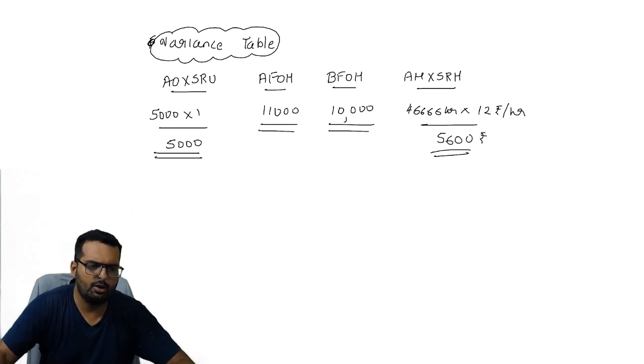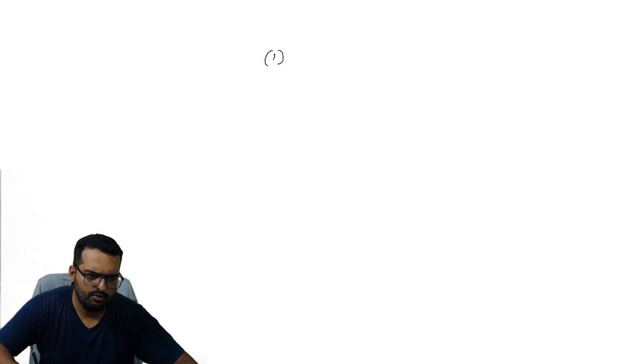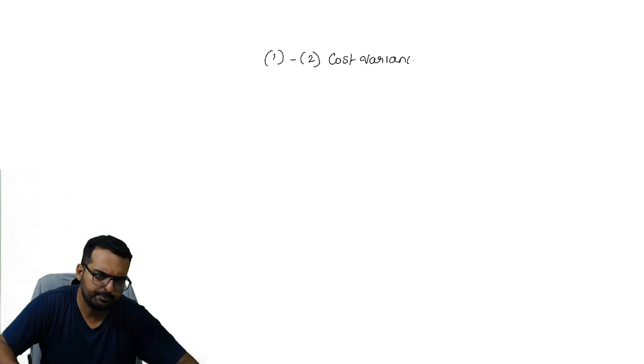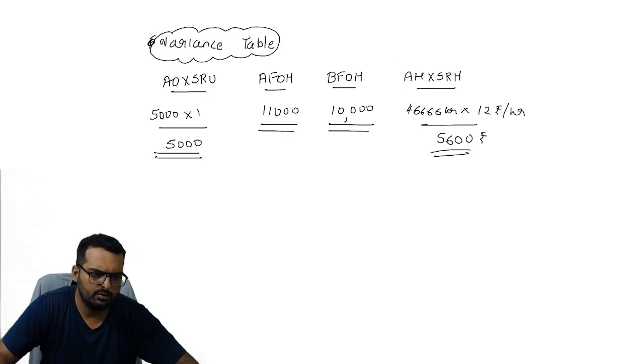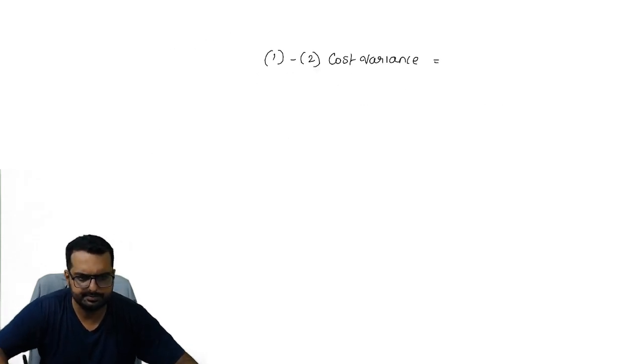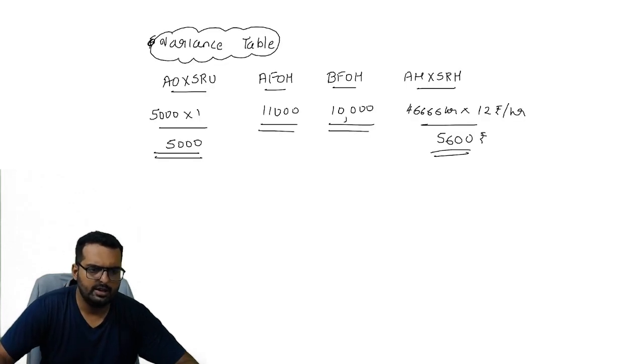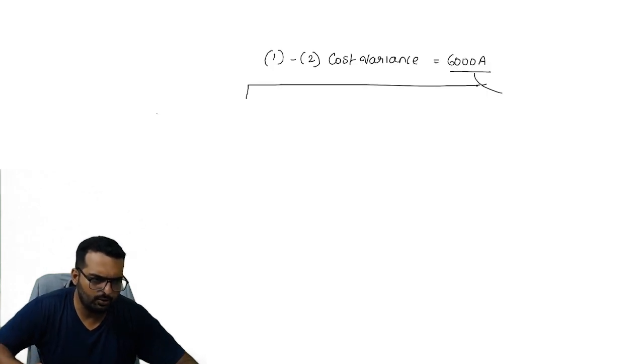Once you do this, I'll draw the table also. First one will be 1 minus 2, which is called cost variance, which will turn out to be 6,000 adverse. Inside this, you have got fixed overhead expenditure variance.